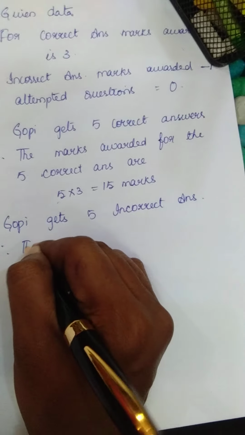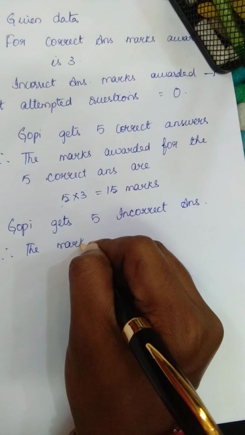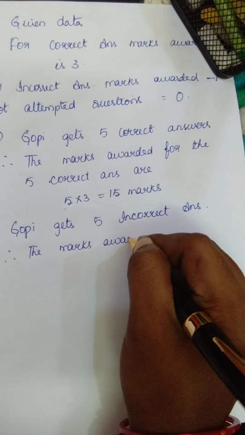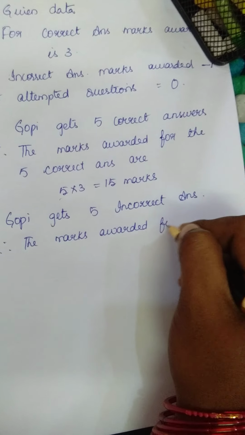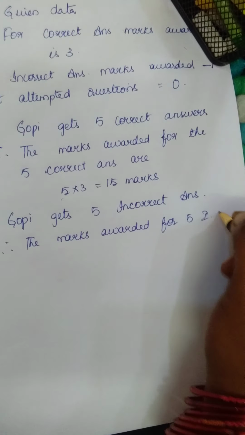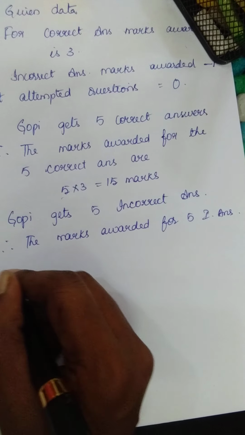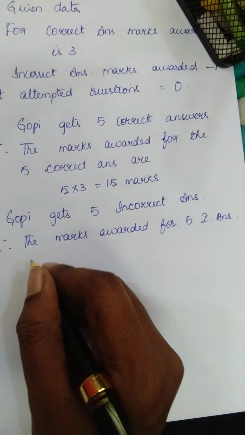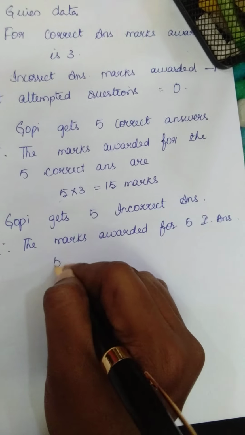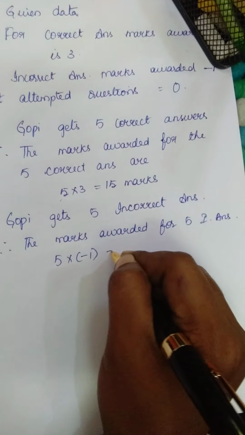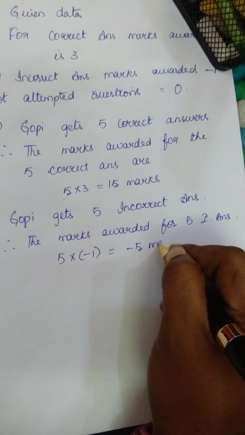So therefore the marks awarded for 5 incorrect answers. You have to write elaborately, I am writing here short. 5 incorrect answers equal to 5 into minus 1, that is minus 5 marks. Clear?